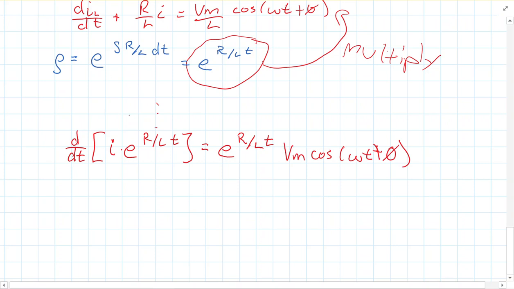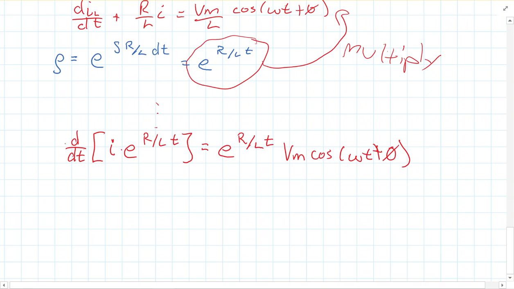How you get this is really reserved for a differential equation course. If you take this, because you have two things multiplied here, and apply the product rule, you would wind up with the previous line, having been multiplied by e to the R over L t. Now what's nice is this derivative is outside of this bracket.